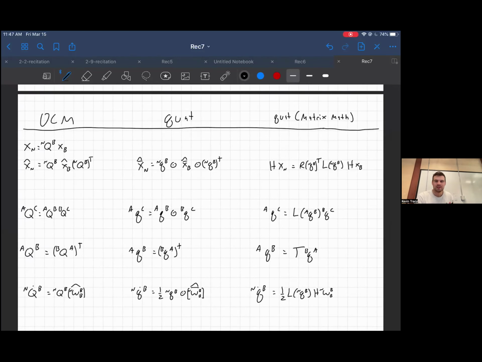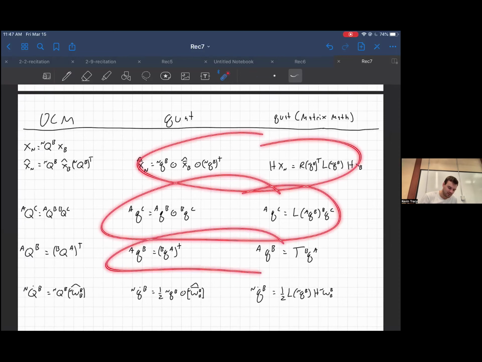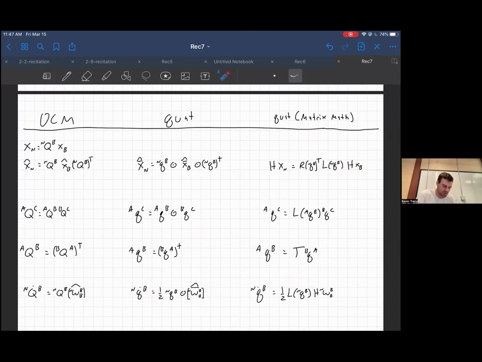What we're working towards here is that you can see how it all just looks so similar. This is for our convenience, giving you some practice on how we do quaternion math using matrix stuff, which I think is useful. Certainly for derivations, it's very useful because it's way easier to manipulate matrix equations than quaternion math equations.